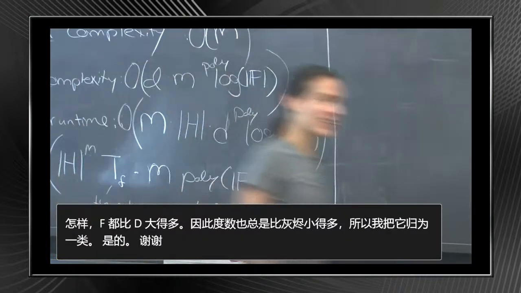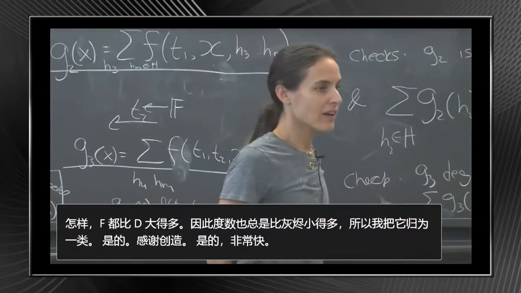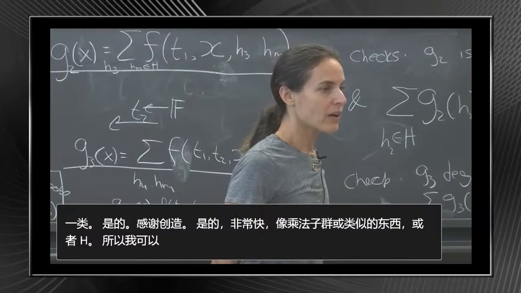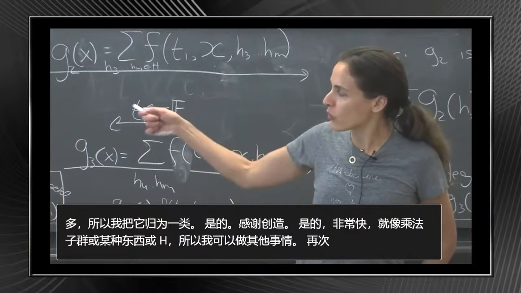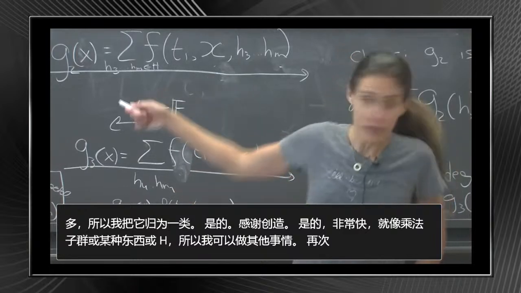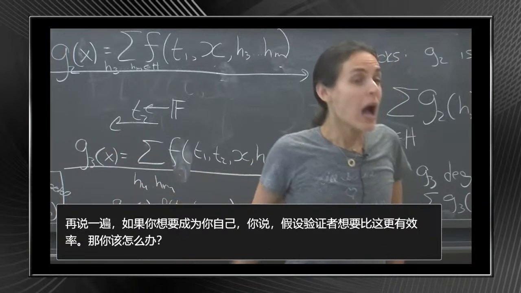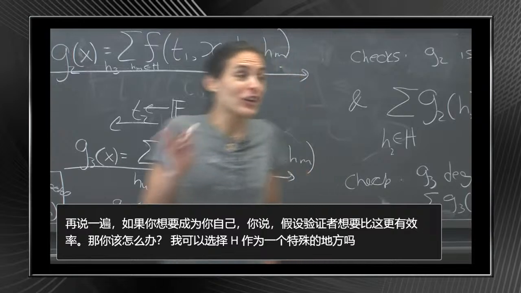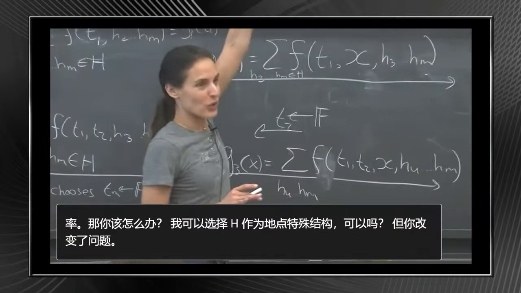Yeah? If I want a really fast verifier, I can choose a multiplicative subgroup or something for h, so I can evaluate the polynomial faster. Can I do something else too? Again, you're saying let's say the verifier wants to be even more efficient than this, then what can you do? Can I choose h to be a special structure? Okay, but you're changing the problem. The problem is h is given to us, and you want to prove.